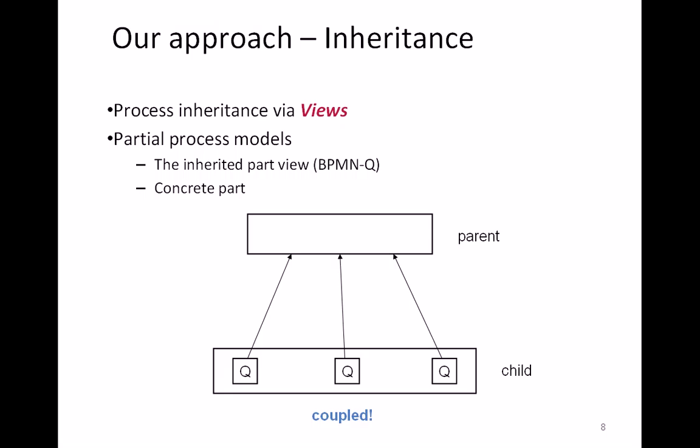We apply process inheritance using views, and the partial process model notion is designed to build these views. With the notion of partial process models we can build our process models using two types of concepts.